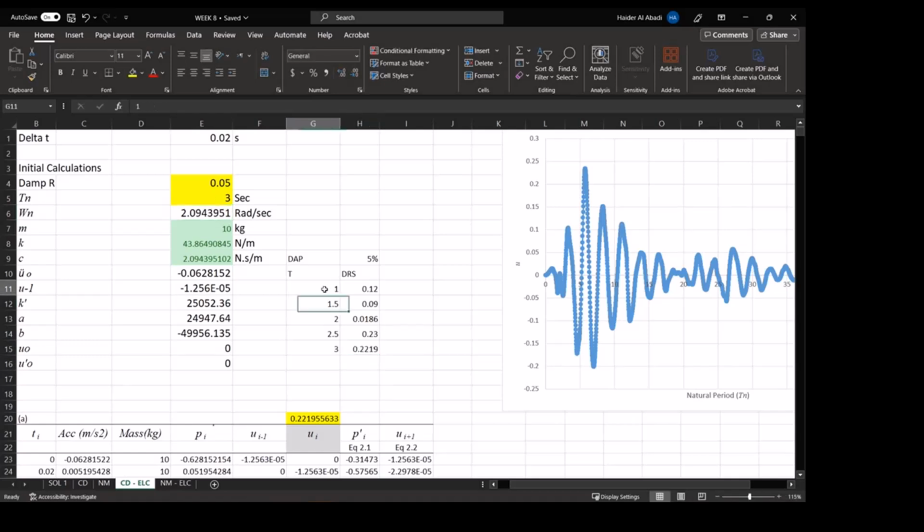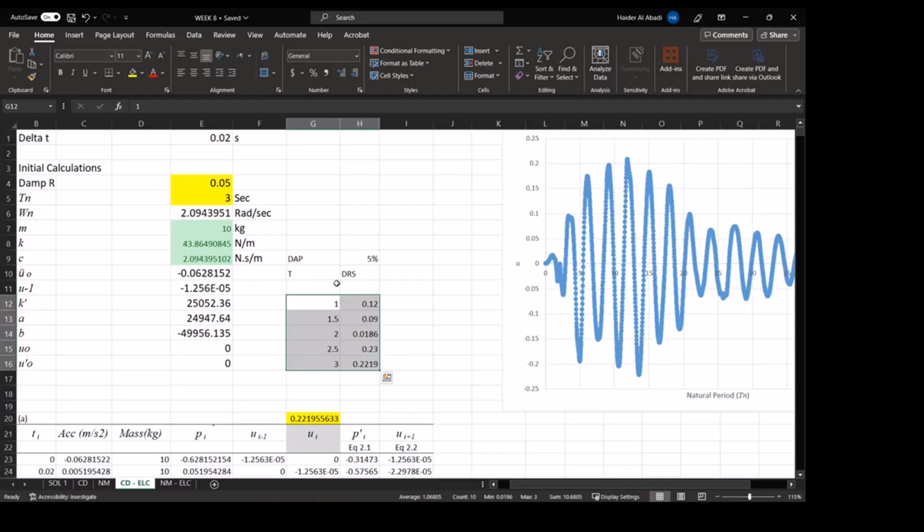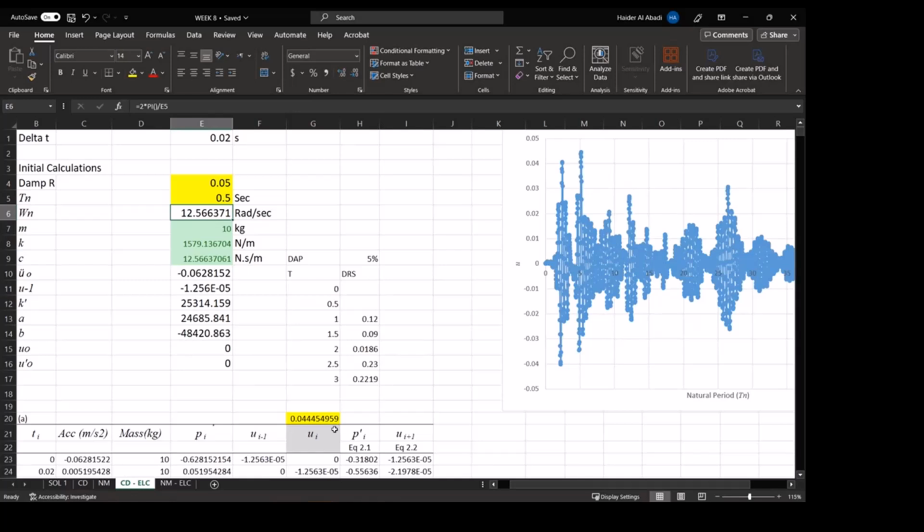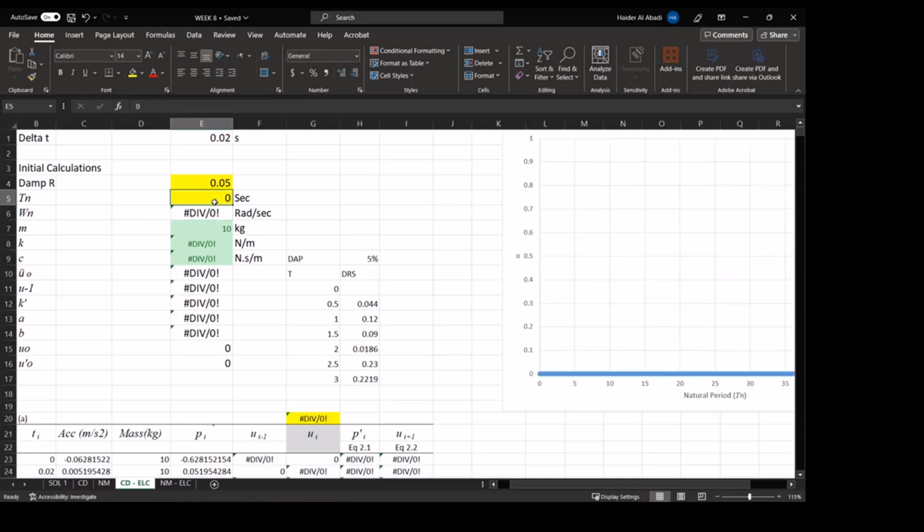So you're going to need to plot this relationship. You also should go back to 0.5 as well. So we can have 0 and 0.5. Yeah, here we got very small response, which is 0.044. And basically, yeah, 0 should start from 0. Basically, if you put 0, you got nothing.